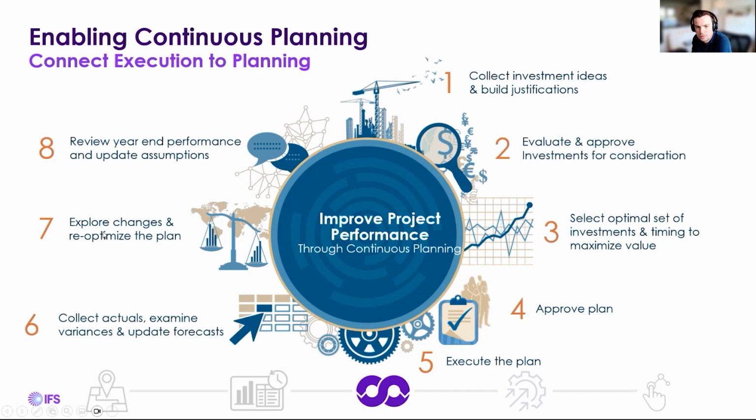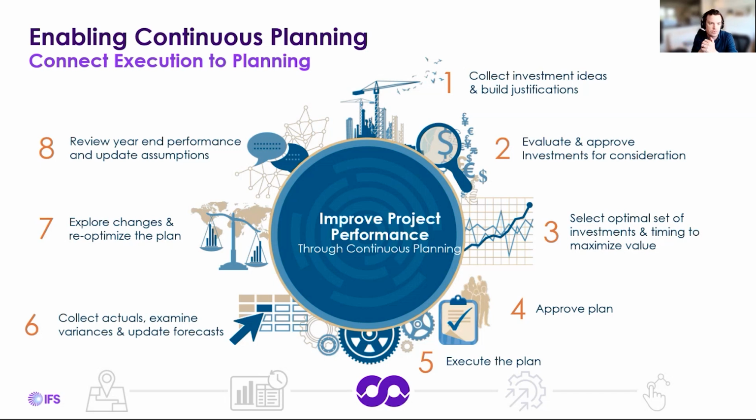With those actuals, we can reallocate budgets through re-optimizing the plan against any value measure or KPI within your value frameworks. And with that ability to re-optimize, we can make sure that at any point in time, the highest value plan is being delivered, so we can respond to, for example, a project start that has been delayed, which might make available some budget to bring forward a project to execute it earlier.